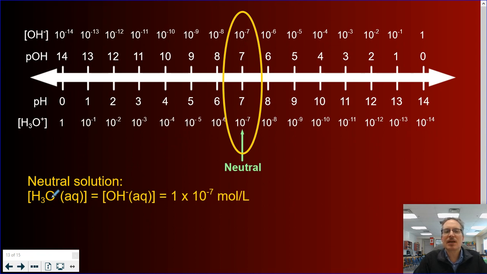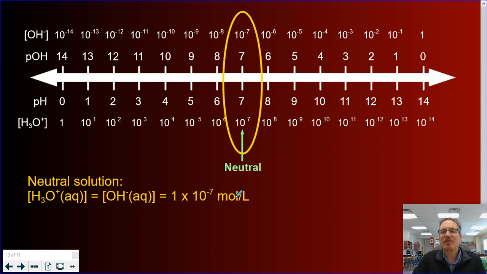Again, we're seeing the concentration of hydronium is equal to the concentration of hydroxide. All I'm doing here is using my symbols. Square brackets means concentration. Again, we're comparing hydronium and hydroxide because it's neutral, dead in the middle.